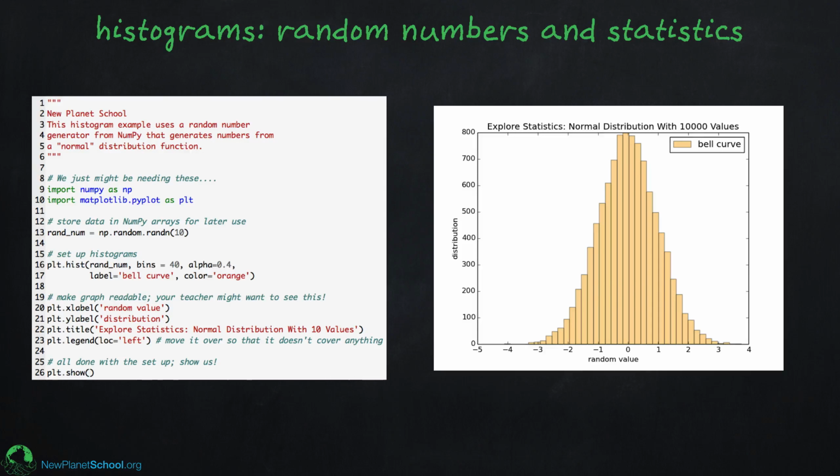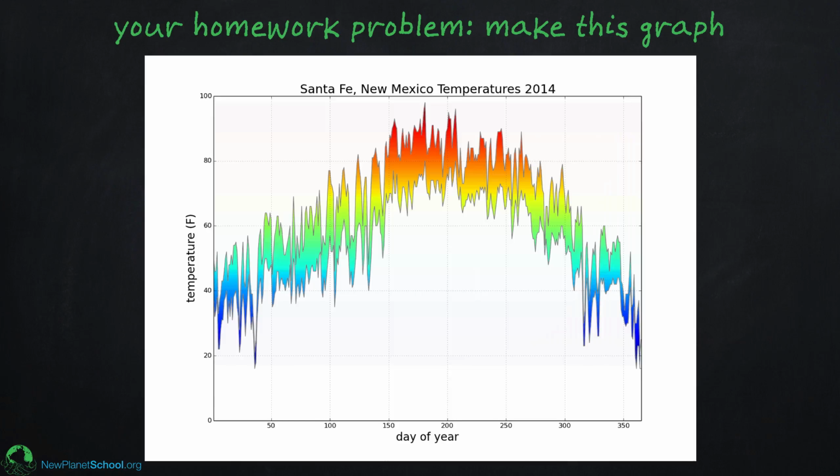Okay. Now, just to reward you for making it to this part of the video, I have a homework problem for you. If you've watched this video on advanced 2D plots and you watched the previous video on basic 2D plots, I now have a homework problem.